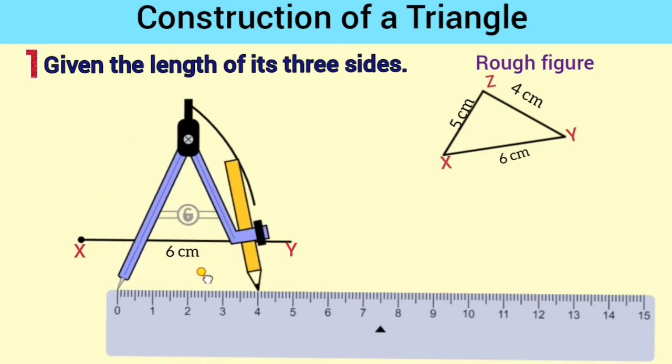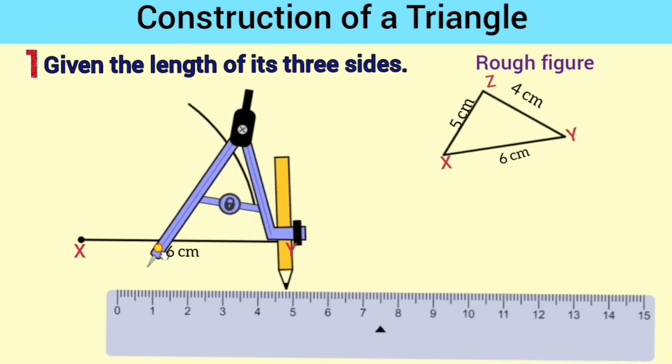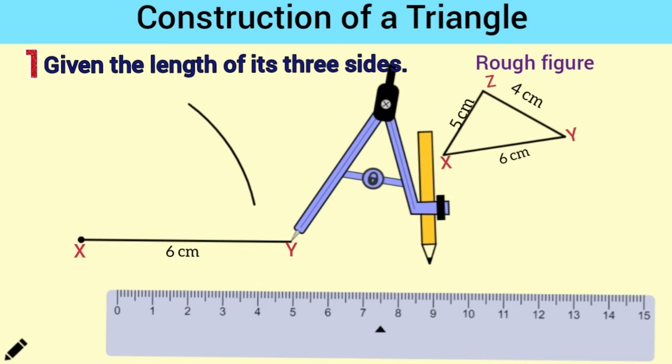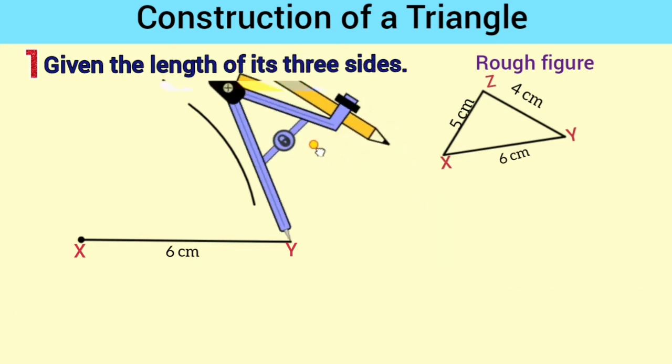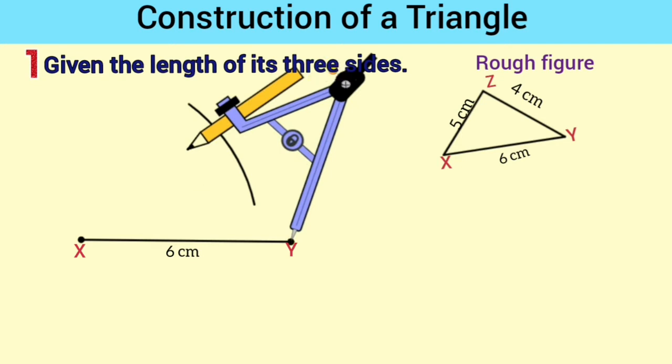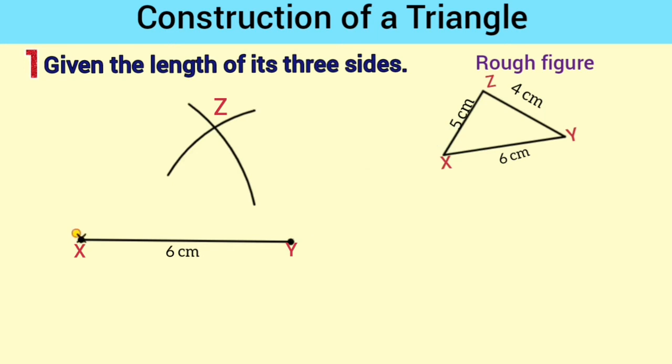So, set the radius of the compass as 4 cm. Now, place the steel head of the compass on the point Y and taking radius 4 cm, draw another arc intersecting the previous arc at point Z. Join XZ and YZ to get the required triangle XYZ.